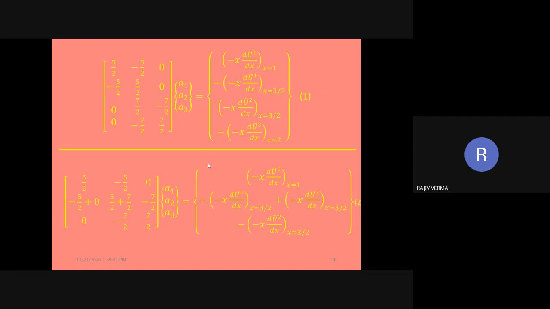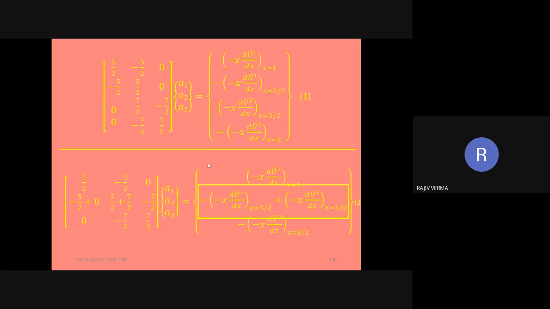Similarly, coming to the right hand side of the expression, we now see that the two boundary terms are getting added up in the right hand side of the second equation, which is highlighted over here.